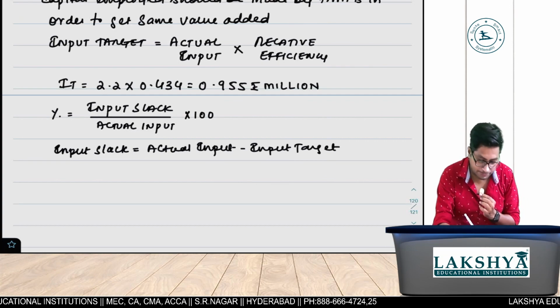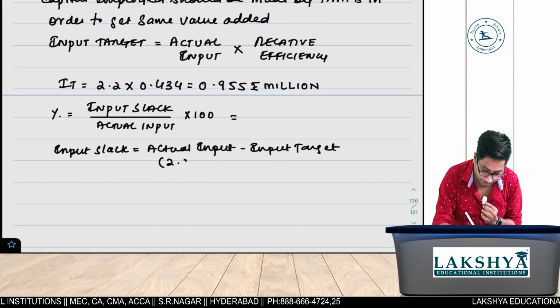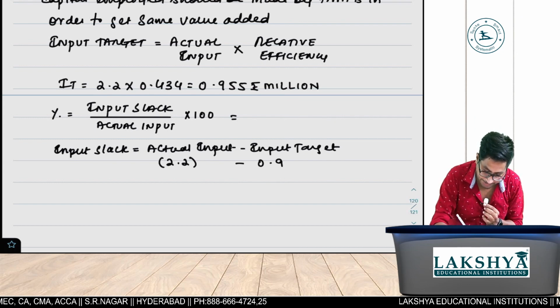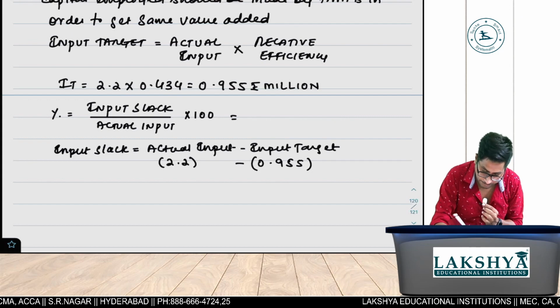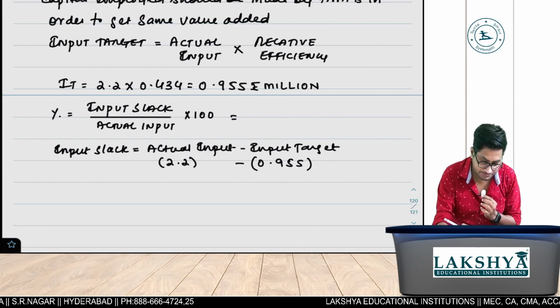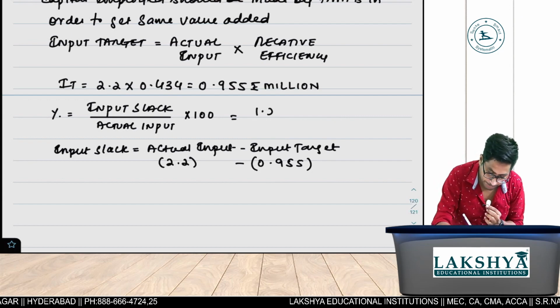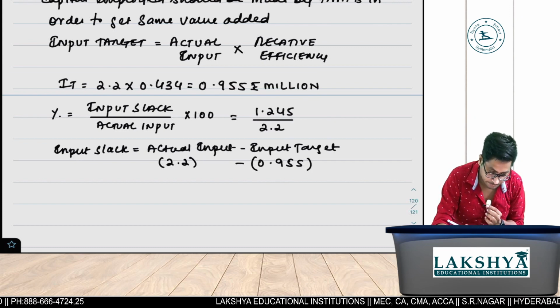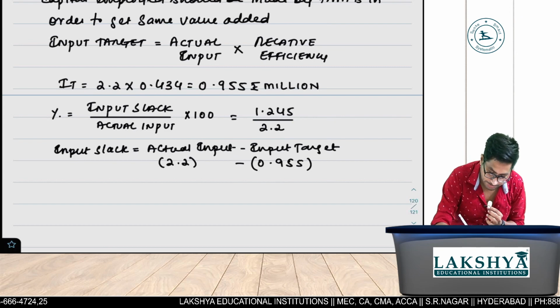Clear? Now tell me how much will be the actual input here? 2.2. And how much is the target? 0.955. So how much is the difference? 1.245. This is our input slack divided by actual input. How much? 2.2 into 100.